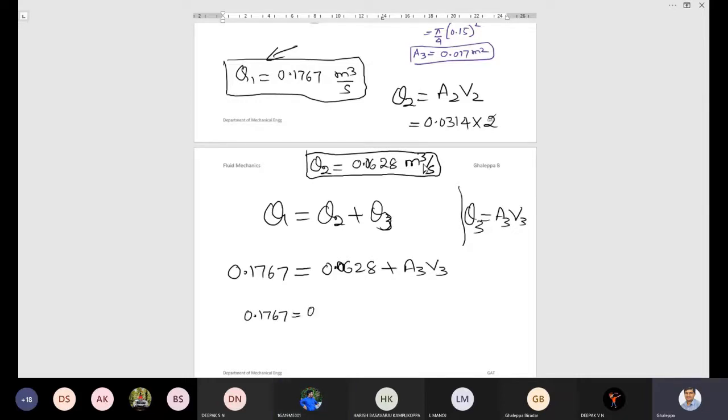Q1 is 0.1767, Q2 is 0.0628. A3 also you have calculated, it is on the screen now. You substitute 0.017. V3 we don't know, so calculate V3.